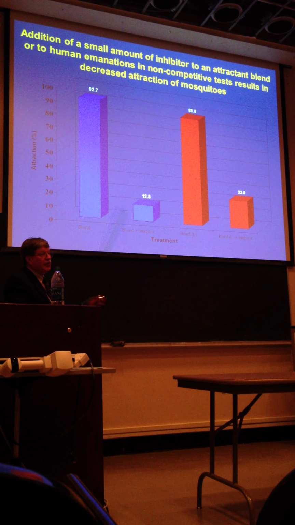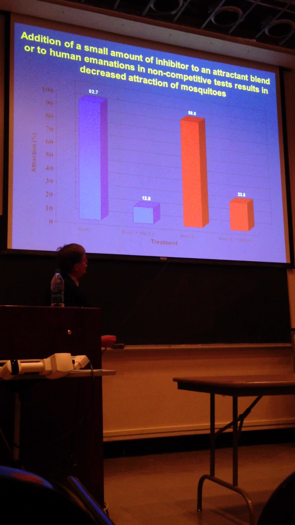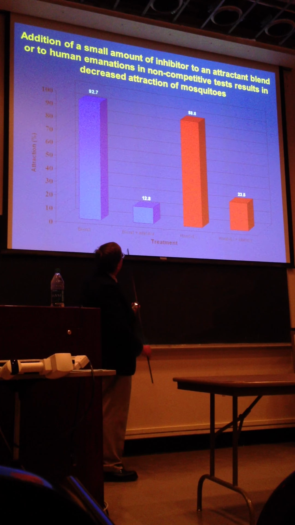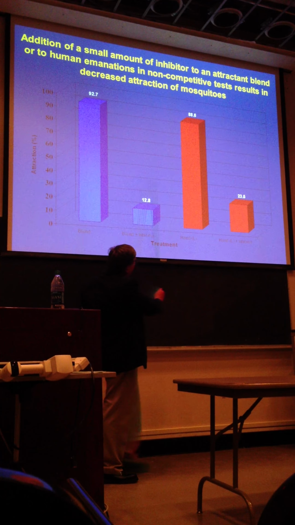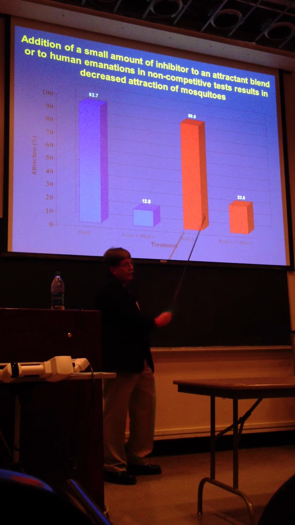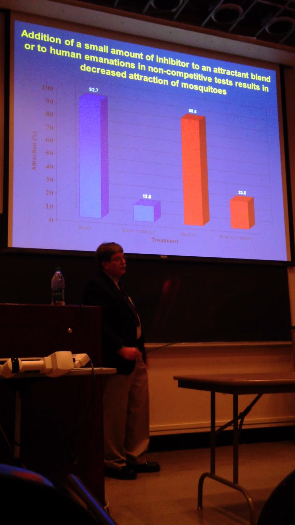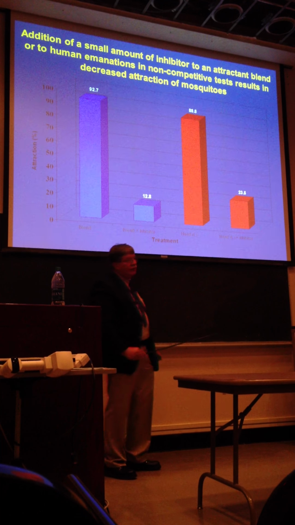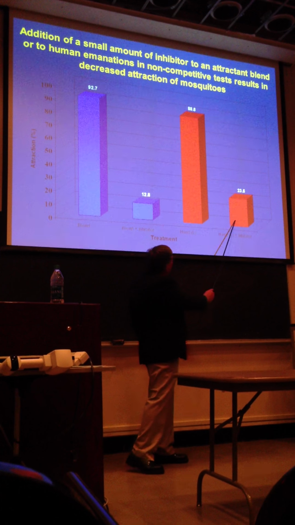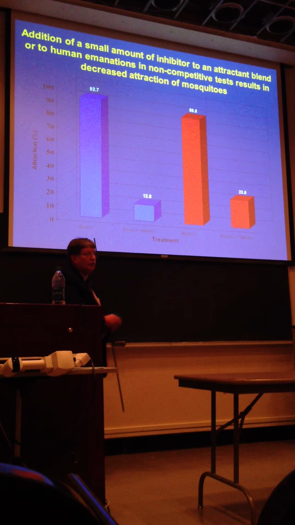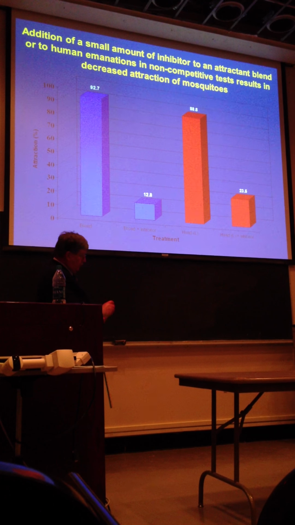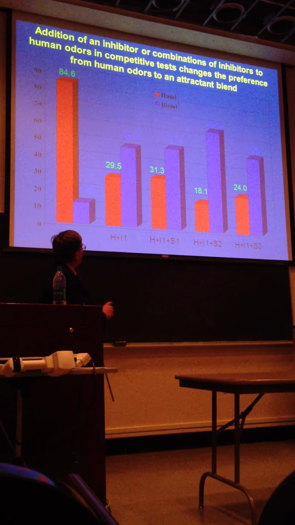It's like a masking agent. They didn't recognize it, no activity. So this was the blend, and then we took the actual hand, because that was more of a test, as there's a lot more stuff, you have heat and CO2 coming off. And again, when we added the inhibitor, you got them not recognizing the hand to the same degree.